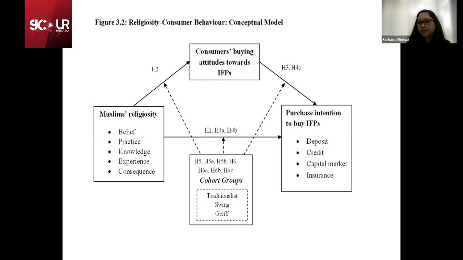Here, from the theory, I found that religiosity or these socio-demographic variables sometimes do not directly affect the purchase intention. According to the theory of planned behavior, intention is not directly affected by socio-economic factors.